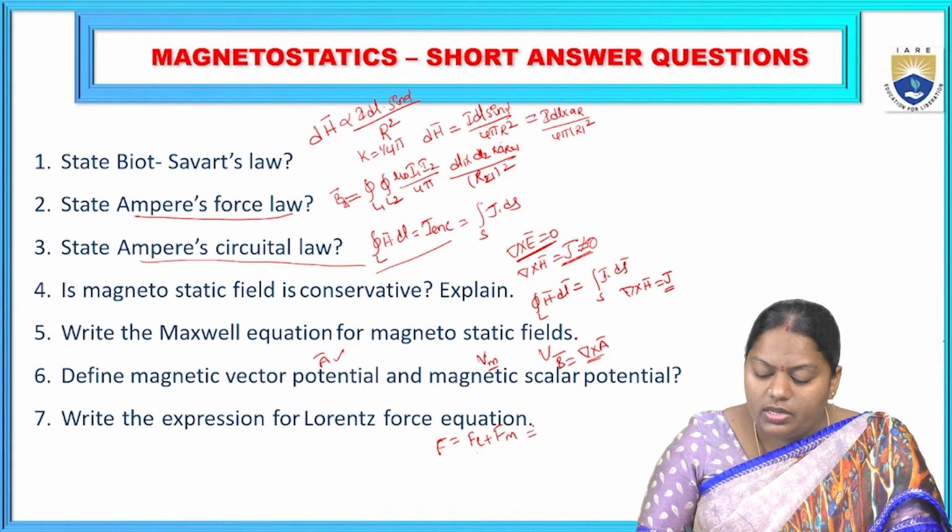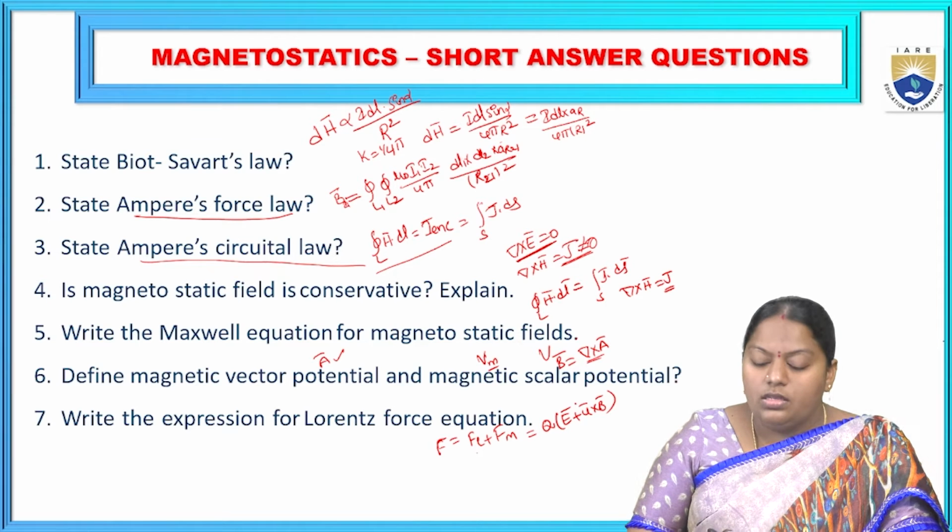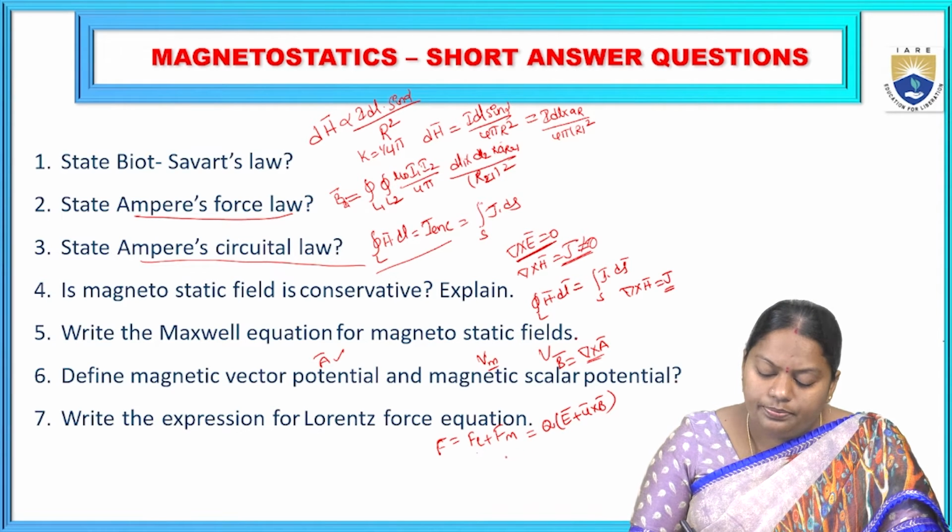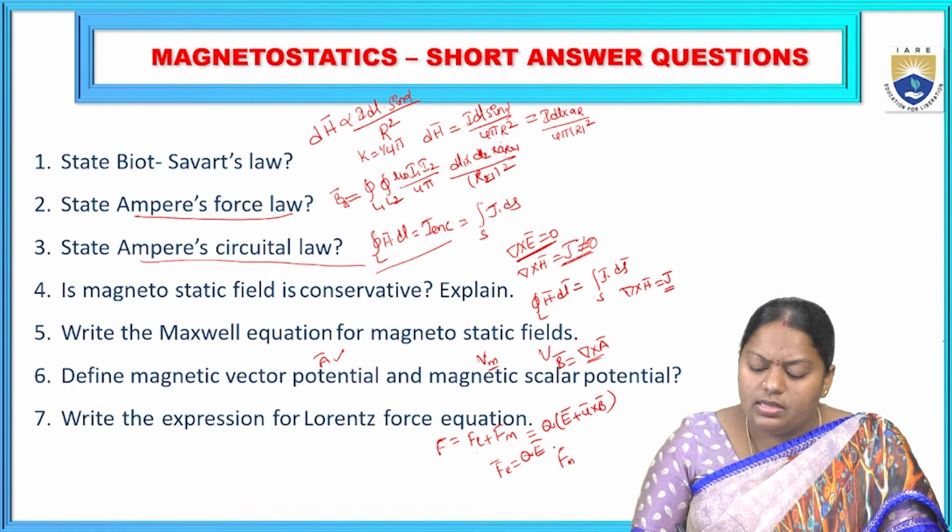The electric force is Fe equal to Q into E bar, whereas the magnetic force is Fm bar equal to Q into U bar cross B bar.